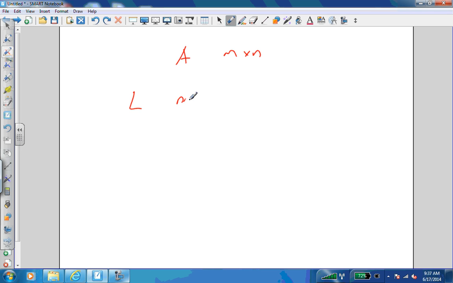That's M by M. So the lower is going to be a square matrix. And we're going to have 1s on the diagonals. But the upper is not going to be square. It's going to be rectangular.